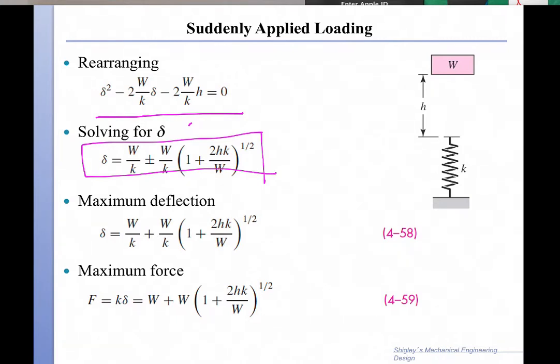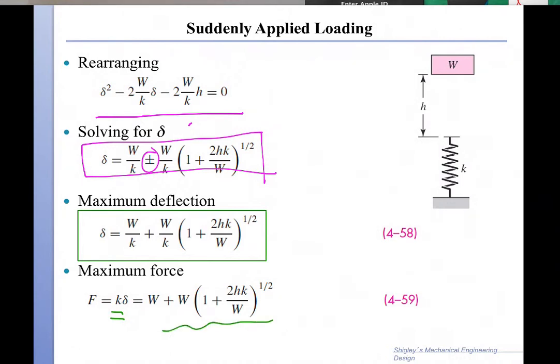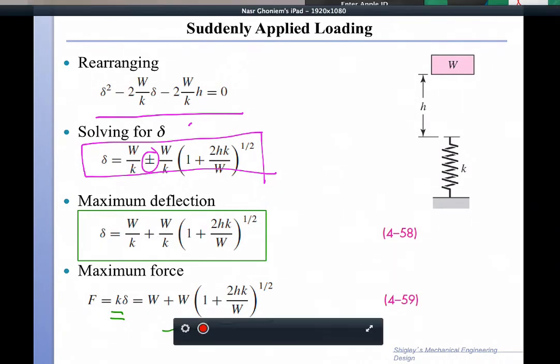The maximum deflection is with a positive sign, so the maximum deflection that we would have here is given by W over K plus W over K times (1 plus 2HK over W) all to the 1/2. And the maximum force is multiplied by the spring stiffness K to give us that maximum force that we can use for design applications.